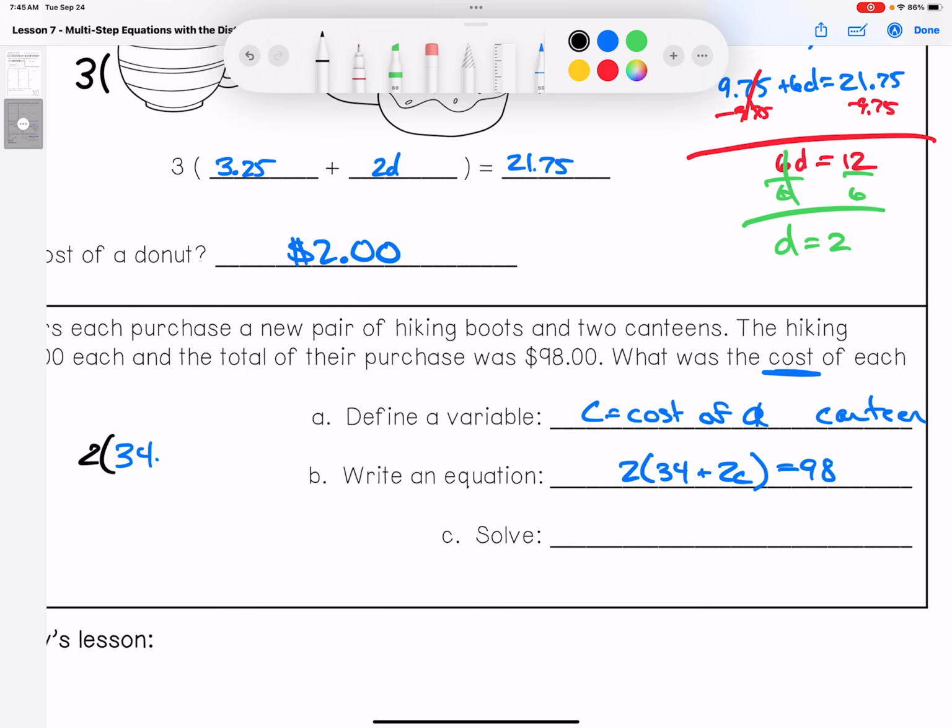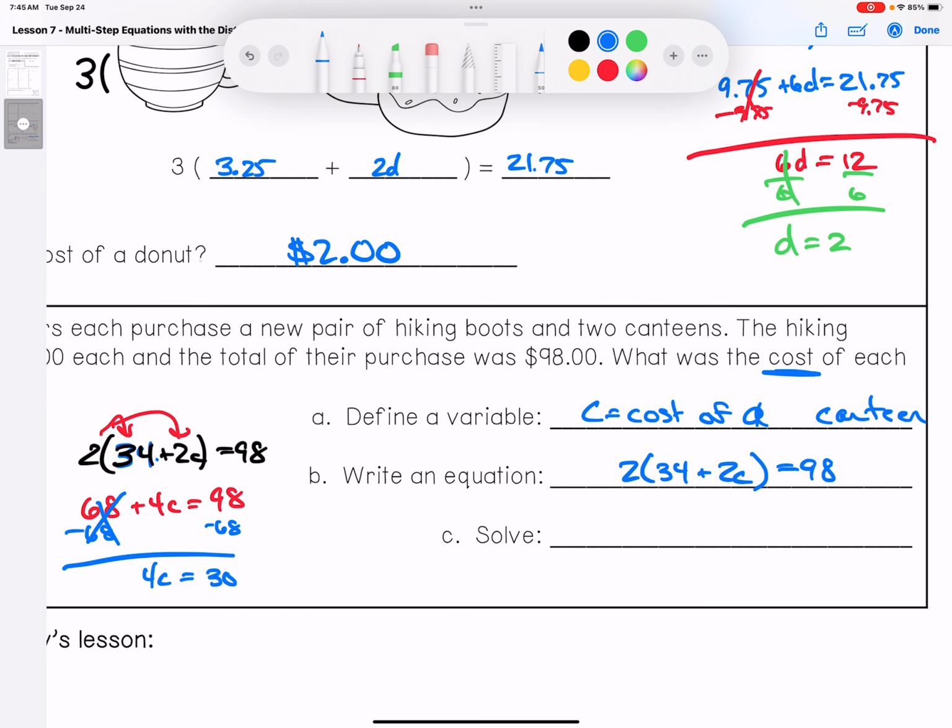So let's go over here and solve that. Divide by 4, and you're left with C equals 7.5.